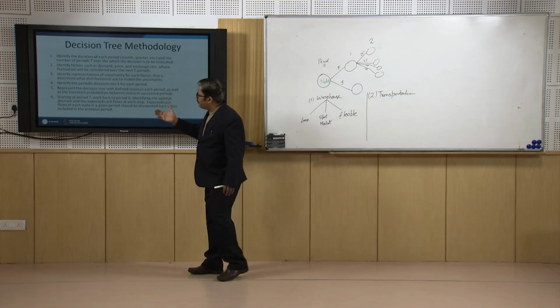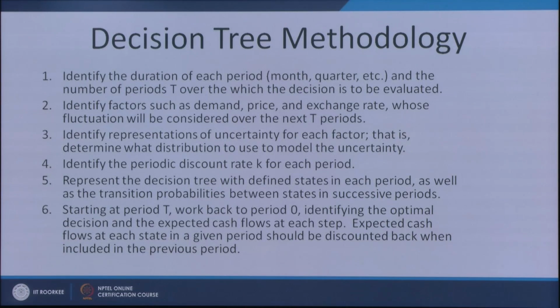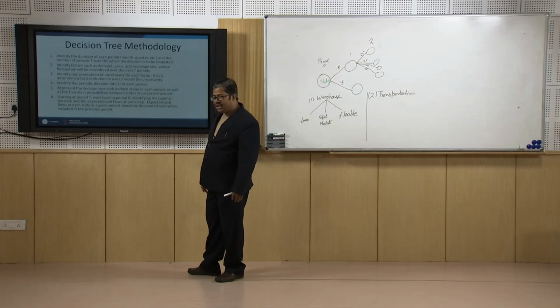So you need to decide what factors you are going to consider for your uncertainty calculations. Then identify representations of uncertainty for each factor, that is, determine what distribution to use to model the uncertainty. You need to see which particular probability distribution suits your case of uncertainty.